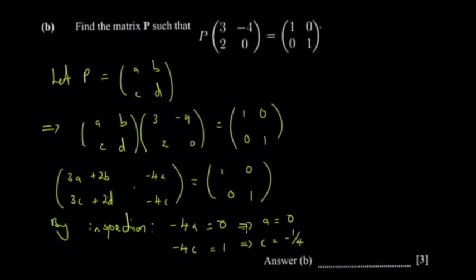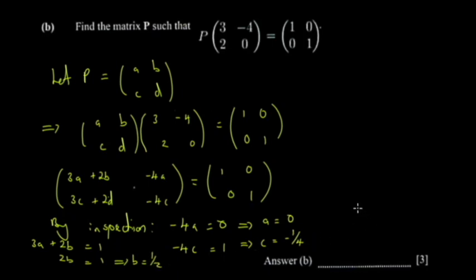Okay, so now you have this and this, and you need the other two. Here 3A plus 2B equal to 1. We concluded that A equal to 0, so 2B is equal to 1, so B is equal to half.